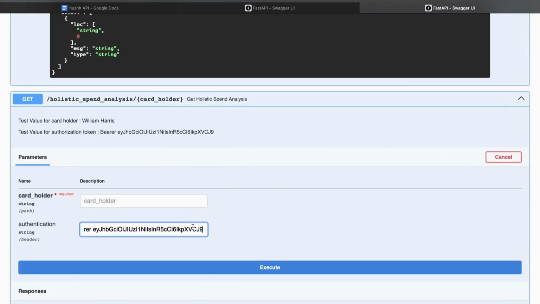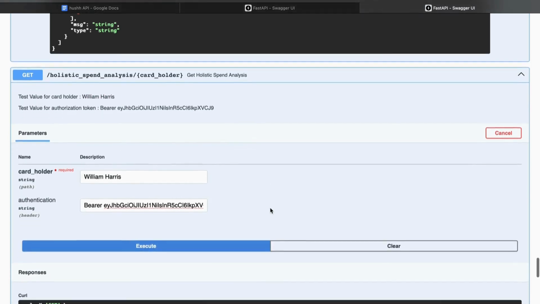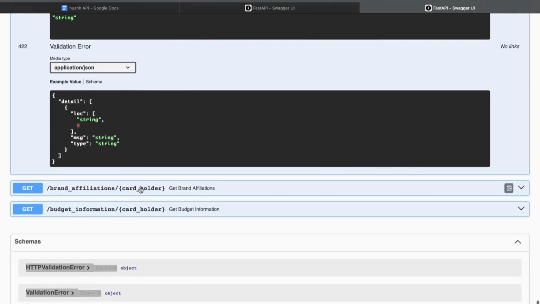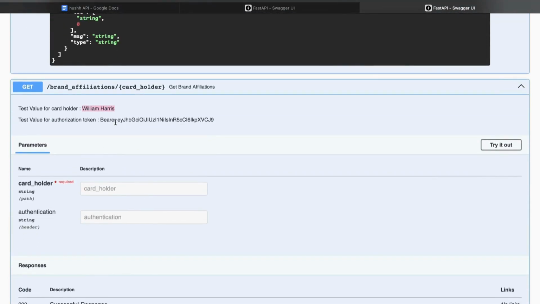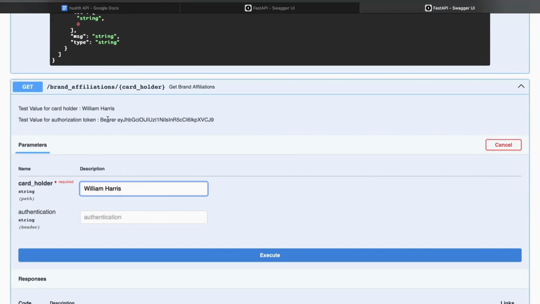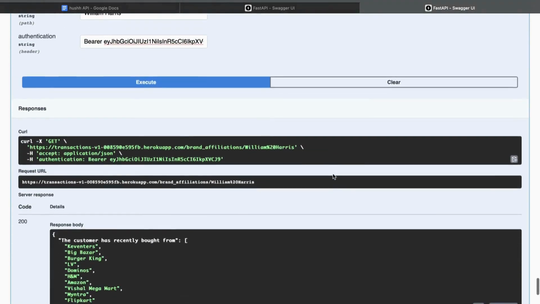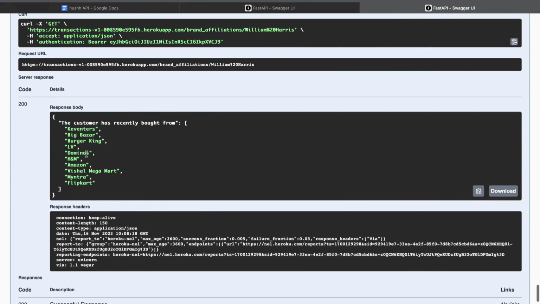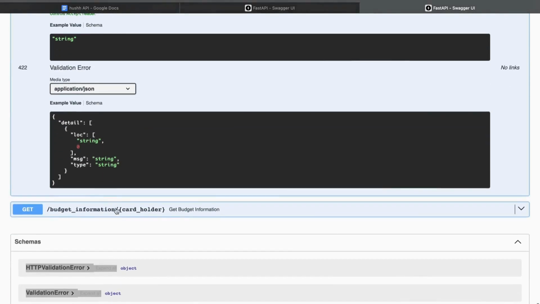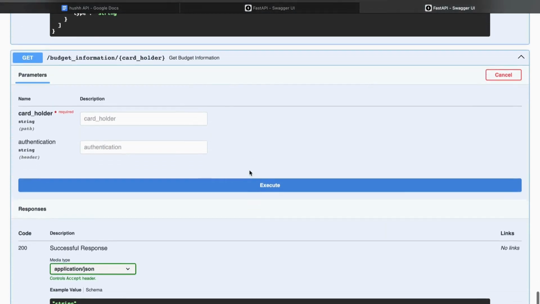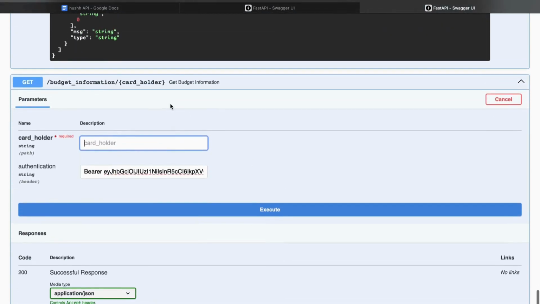Next up, we have holistic spend analysis. This API over here gives the percentage of spend of a customer in each category. Next up, we have brand affiliations. It really shows all the brands that the customer has shopped from in the past. It can really help the same brands to target them again according to their spending patterns, or new similar brands to target them because now they know their preferences.